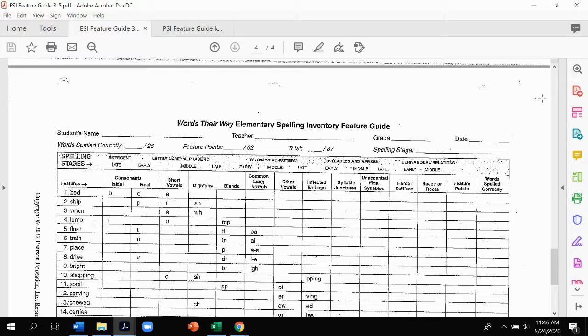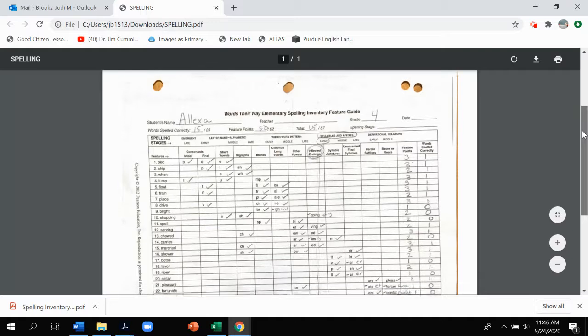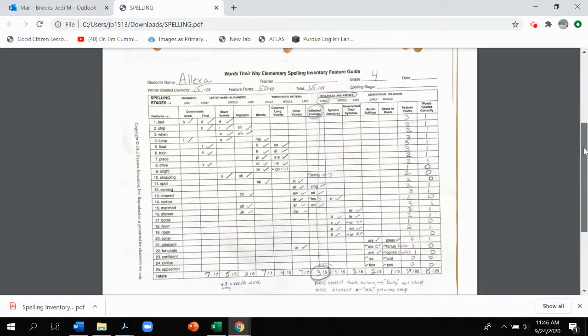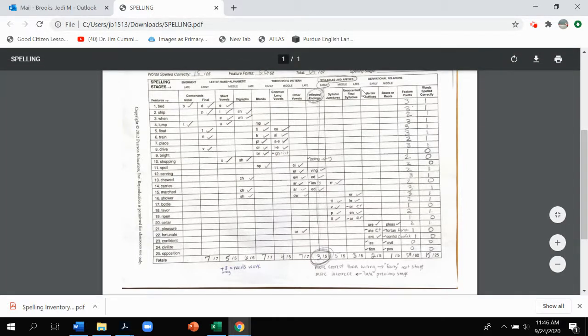Here's what the officially analyzed piece will look like. This is an example that I use in class. The student's name was Alexa, grade 4. So this is from the ESI, not the PSI.